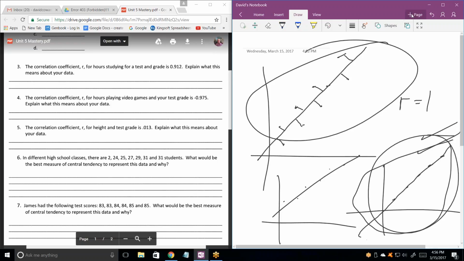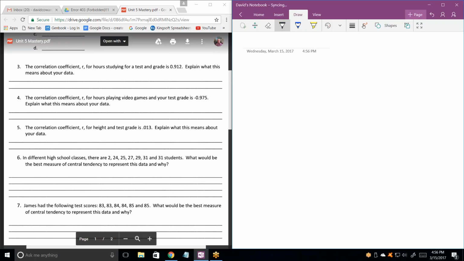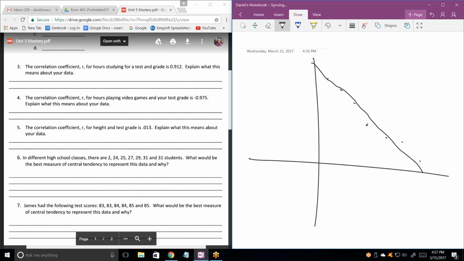In other words, that curve for number 4 might look like this. I would have dots that would be going like this. And if I draw a line through them, this is your grade, and this is the number of hours you play video games. So as the number of hours gets bigger, your grade gets smaller. It's almost a perfect correlation. In other words, negative 0.975 is very close to negative 1.